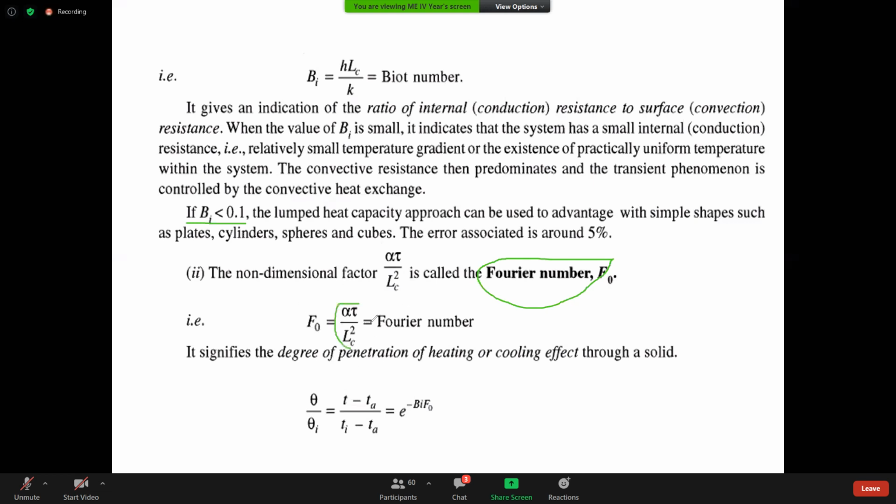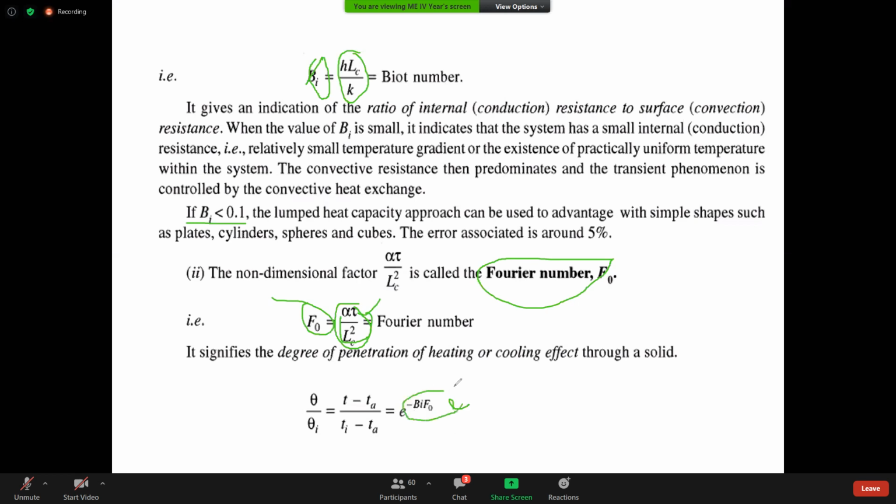Here, this is the Fourier number. Fourier number is alpha tau by LC square. This Fourier number and Biot number are used in Heisler charts. As we know, hLC by K is the Biot number, and alpha tau by LC square is the Fourier number, with LC square again being the characteristic length. Then we can get the temperature profile equation for lumped analysis. It is e power of something like hAs by rho V Cp, a big expression.